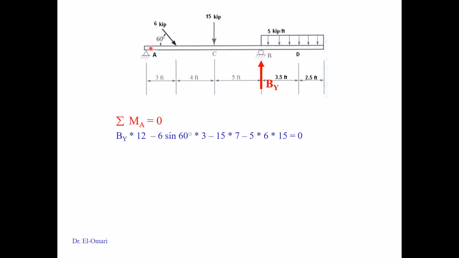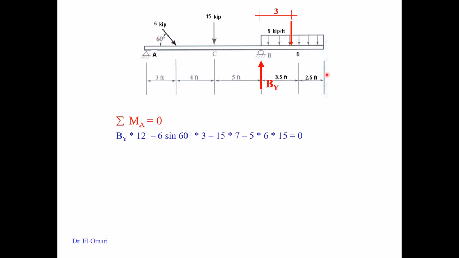Notice that the horizontal component is just passing through the point of rotation, so we don't need to worry about it. This is followed by the 15 multiplied by the perpendicular moment arm distance to the point, which is 7, and then finally the distributed load. For the distributed load, we first find the resultant, which is 5 times 6, nothing more than the area of this rectangular shape: the height 5 times the base 6.